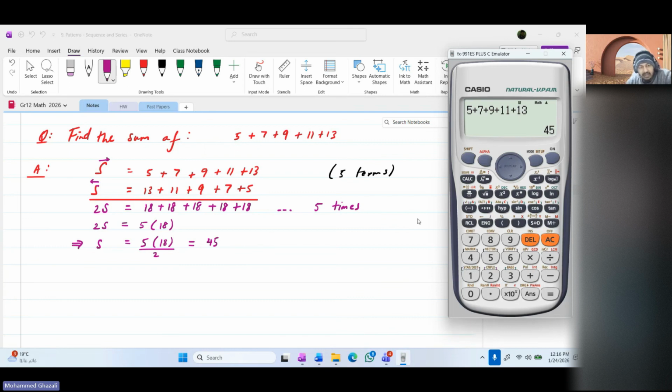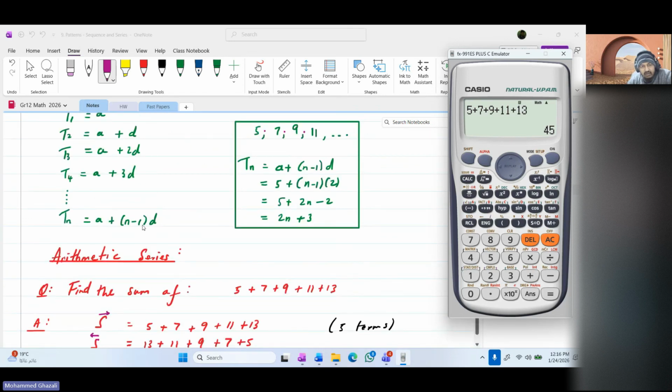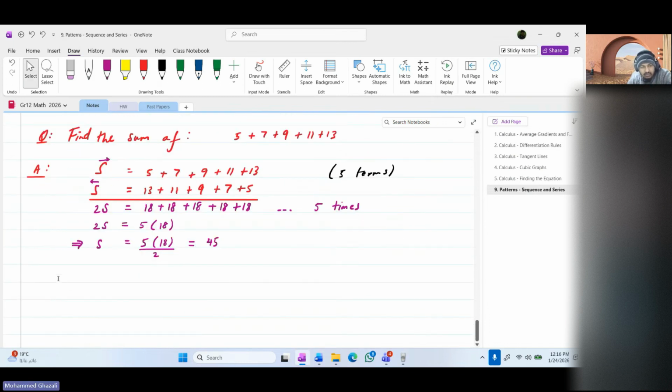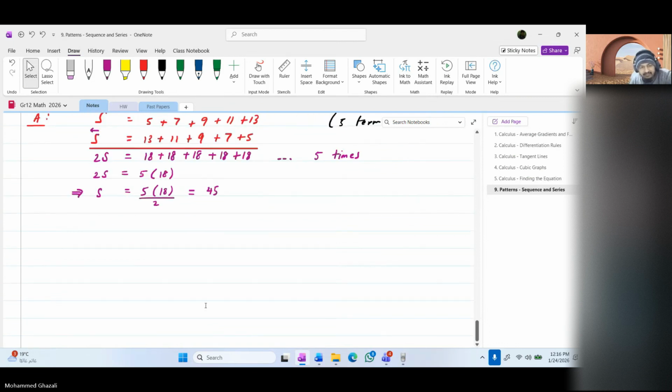Right. So now we're going to apply this method to a general formula, which is Tn. Now, I don't want you to get lost. Watch what we are doing. So what is the sum? Now, this is the formula that you need to learn.